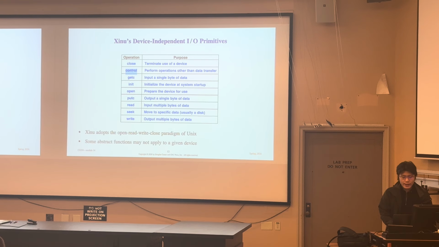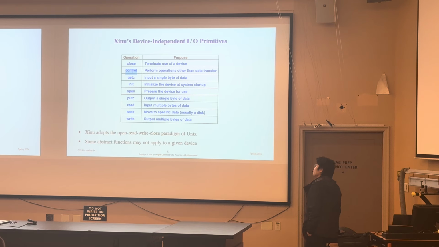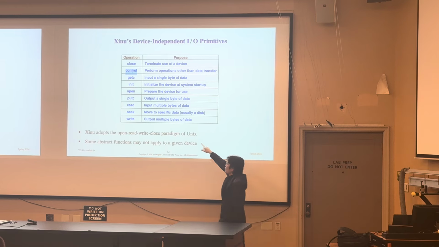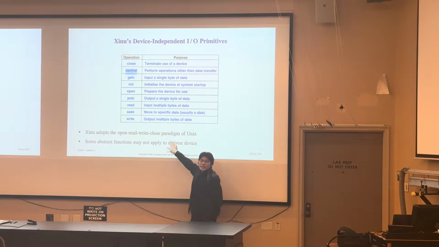The only thing that is very ad hoc is control. You will see that this control API in different devices takes very different parameters. These get char, open, init APIs from different devices are very similar. The number of parameters is even the same most of the time. But control can be very different.